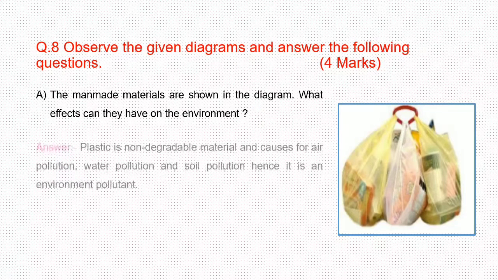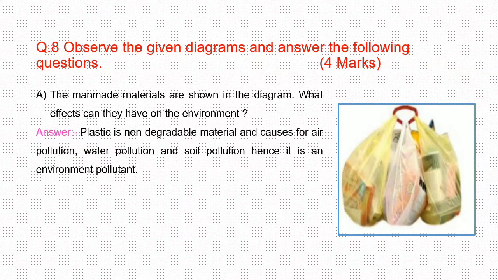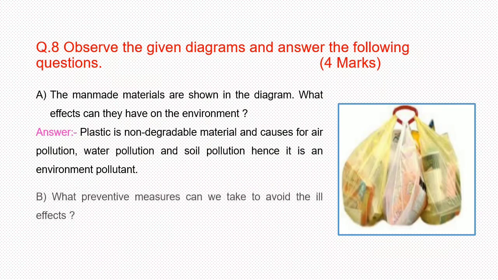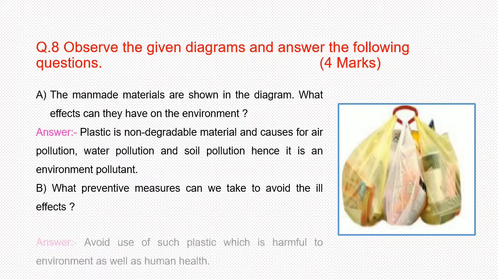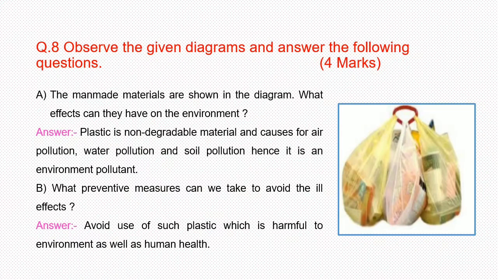And the answer is, plastic is non-degradable material and causes air pollution, water pollution and also soil pollution. Hence, it is an environmental pollutant. Second question is, what preventive measures can we take to avoid the ill effects? And the answer is, avoid using such plastic which is harmful to the environment as well as human health.